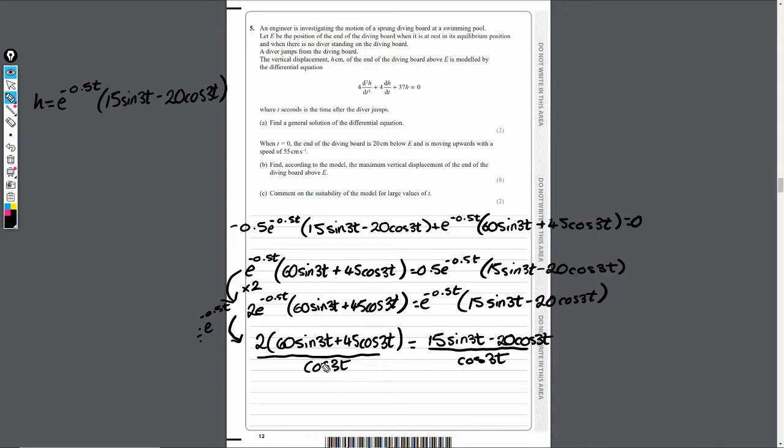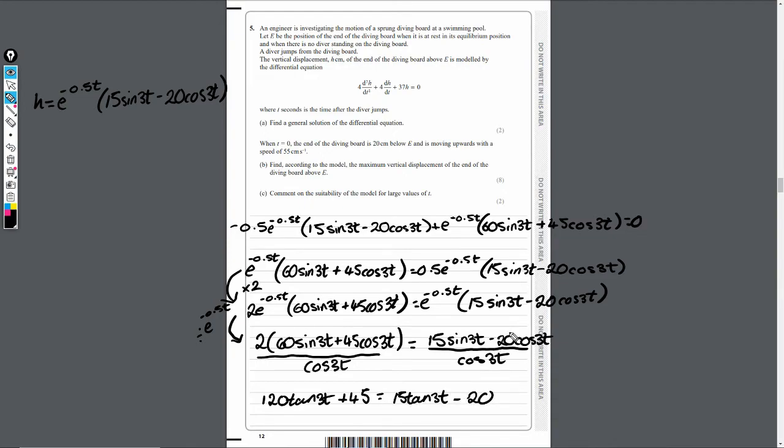So, simplifying this now, what I'm going to get left with is 120. I'm multiplying through by the 2, and then dividing both sides by the cos 3t. So I'm going to get 120 tan 3t, and then 45 cos 3t over cos 3t will just give me plus 45. Okay, so I get positive 45. That's going to be equal now to 15 tan 3t minus 20.